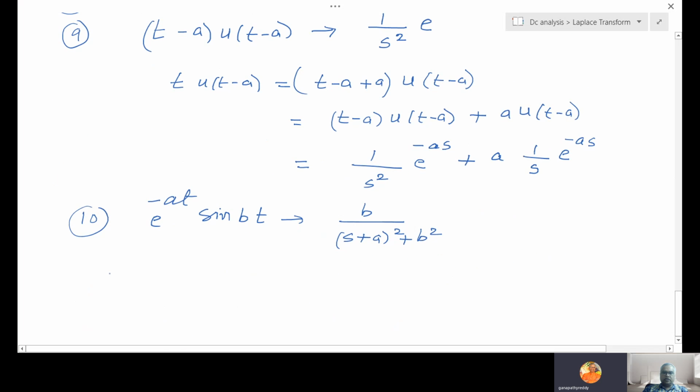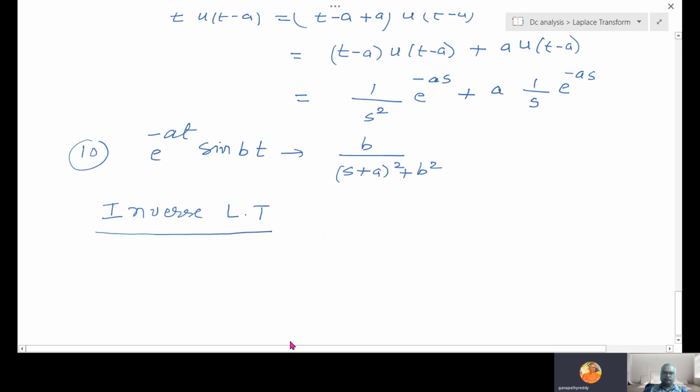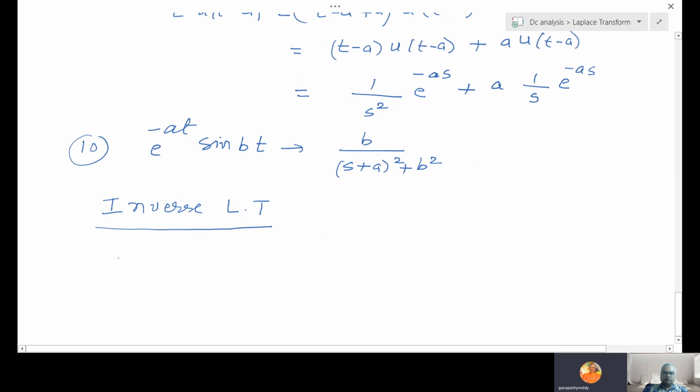Next, inverse Laplace transform. To find inverse Laplace transform, for example, 10 by s into (s plus 1) (s plus 2).